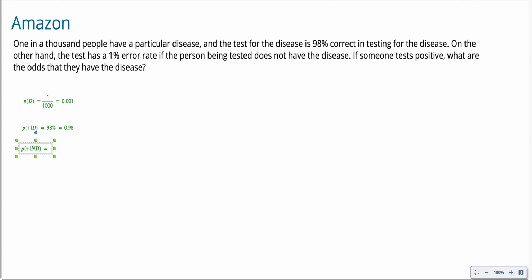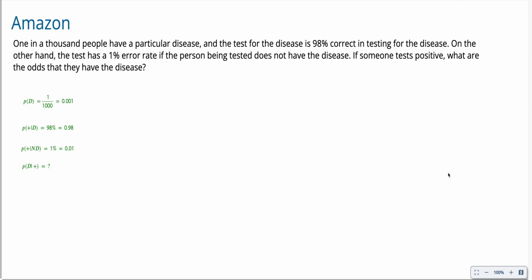And the error rate for that is 1%, which means it's 0.01. And then the question is, if someone tests positive, so given that the test comes back positive, what are the odds that they have the disease? What's the probability that they have the disease?